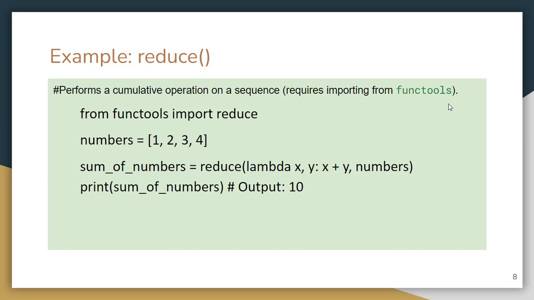That is, we add the first element and the second element, and likewise we add all the elements in the list; numbers is the list we provide here. Print sum_of_numbers, the value is 10 in this case. Whenever we run this in an IDE like IDLE, Jupyter, VS Code or any online Python compiler, we get the output 10.